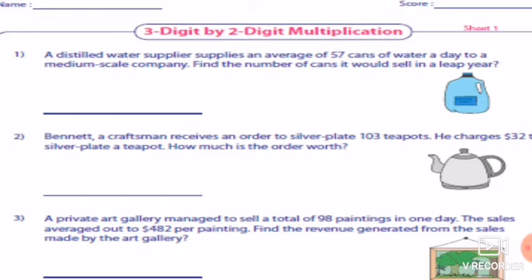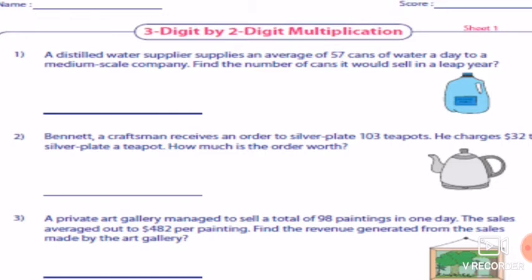Now in one day he sells 57 cans. So those 57 cans are going to be multiplied by 366. So here in question number 1, what you will do? 366 multiplied by 57. Here also you can see in the question that "a day", each day, means one day.